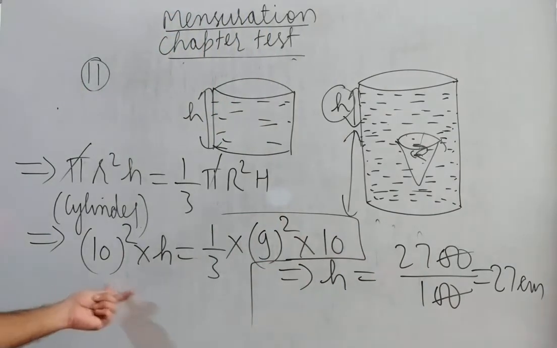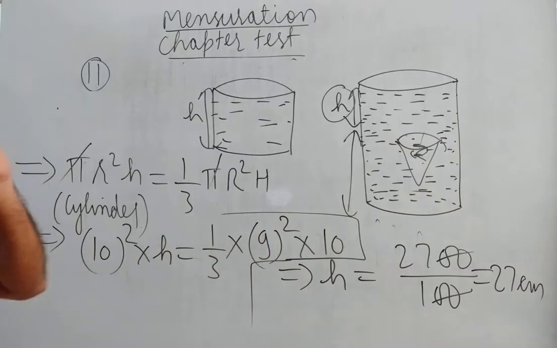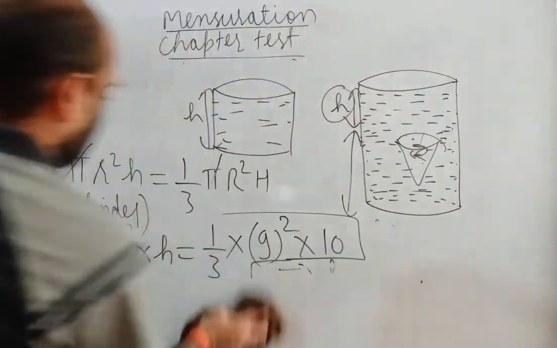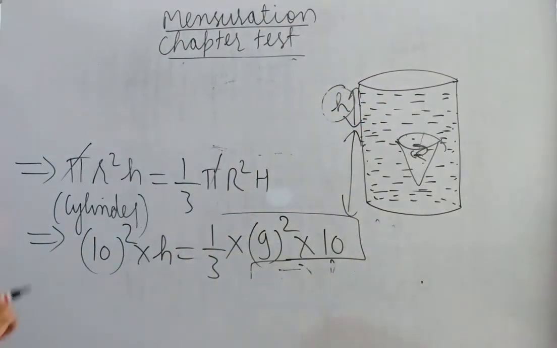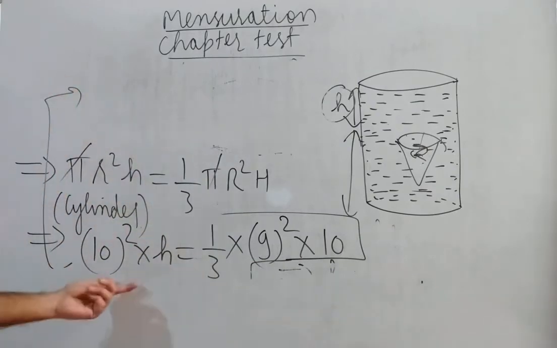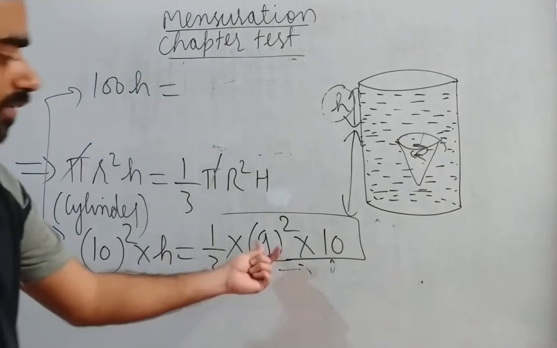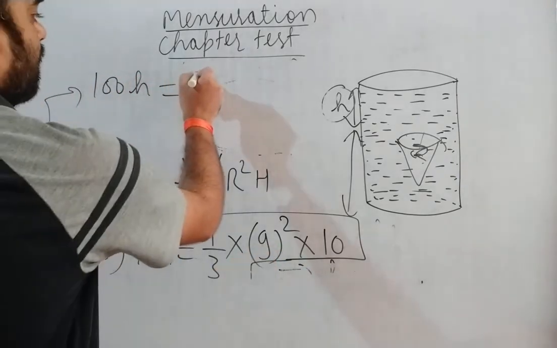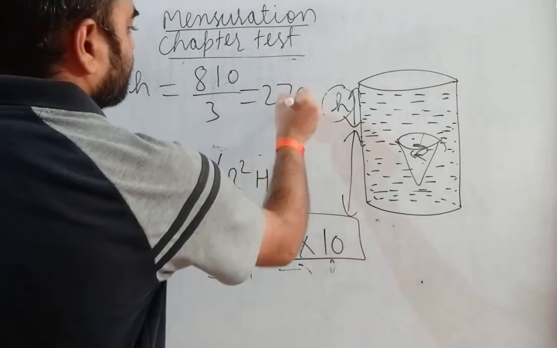Clear or not? Wait, one minute, it is not right. Here I am writing, here it will be clear. So here this will be 100h, and this will be 81 into 10 upon 3. It means 810 upon 3, that is 270.